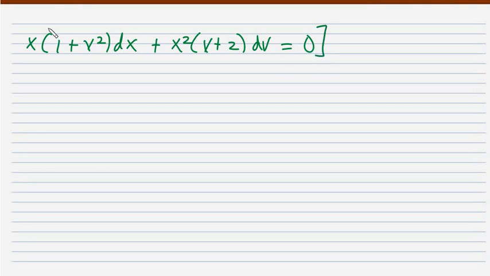So let's go ahead and multiply by 1 over x squared times 1 plus v squared.